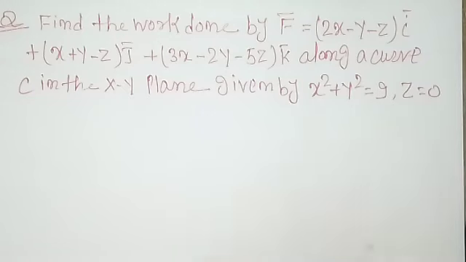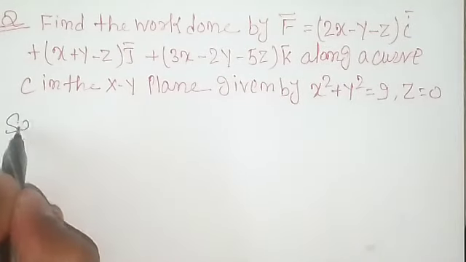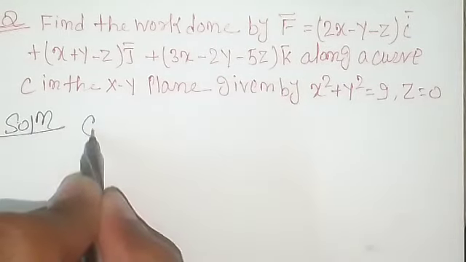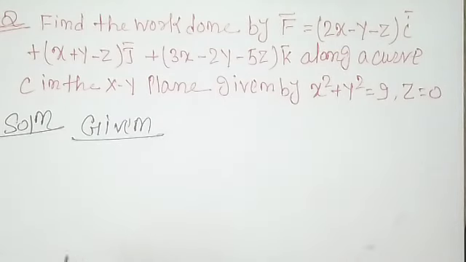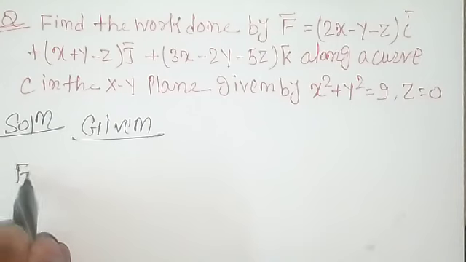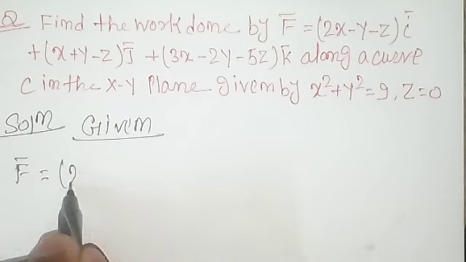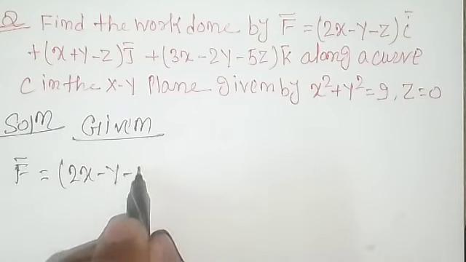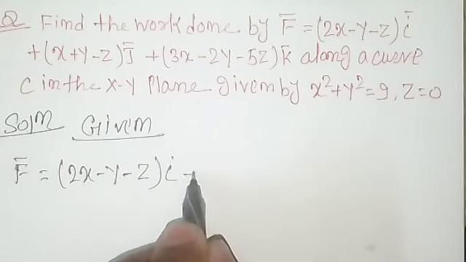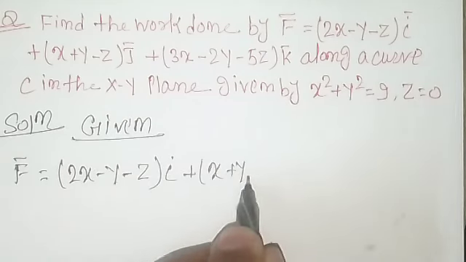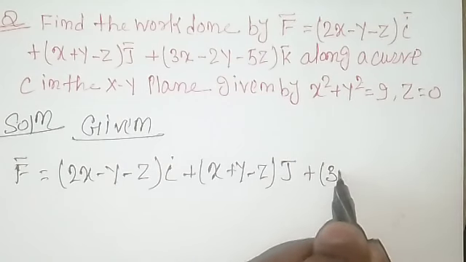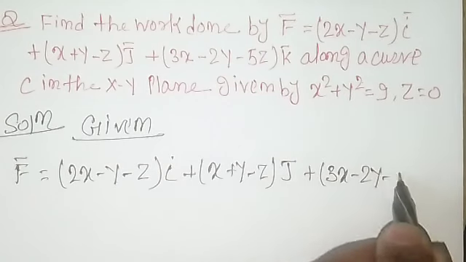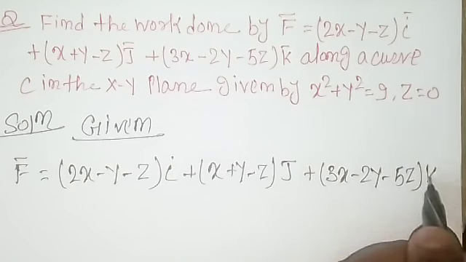So the solution. Given vector F is equal to (2x minus y minus z) i cap plus (x plus y minus z) j cap plus (3x minus 2y minus 5z) k cap.